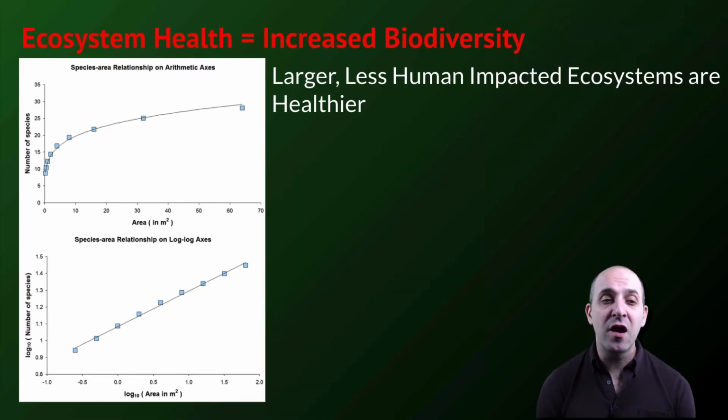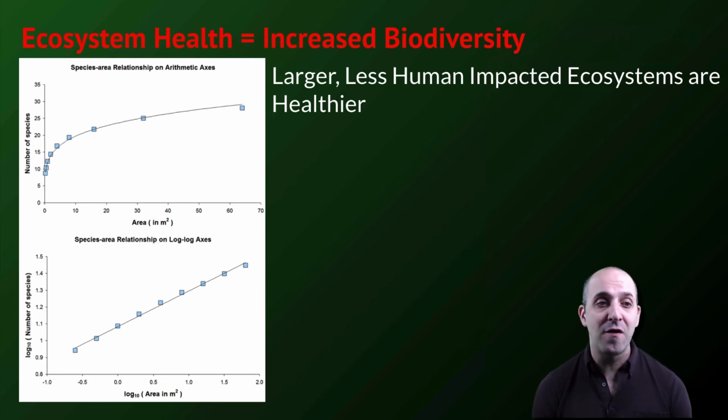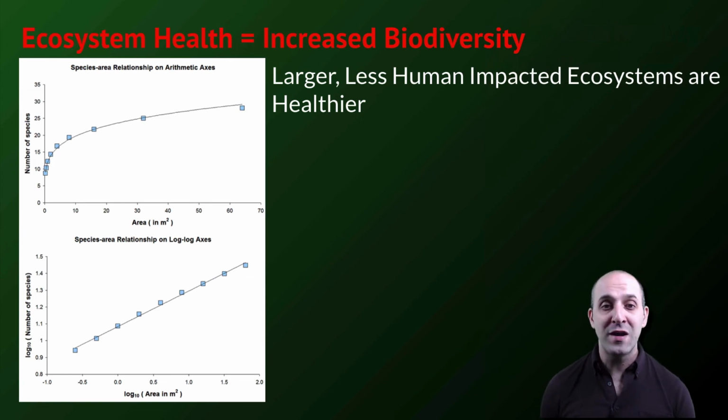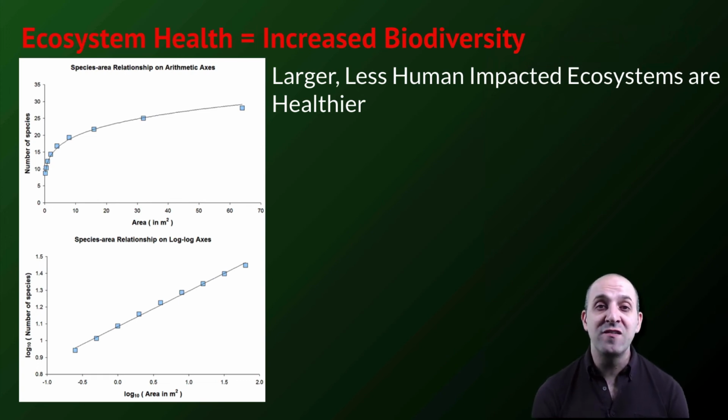But even though we haven't discovered it, we are acutely aware that the health of an ecosystem is connected to the biodiversity of that ecosystem. In general, larger ecosystems and ecosystems that are removed from human impacts and other disturbances in addition to natural disturbances tend to be healthier and more robust. This diagram is representing that fact with species area curves.